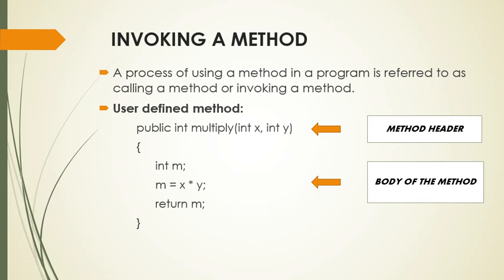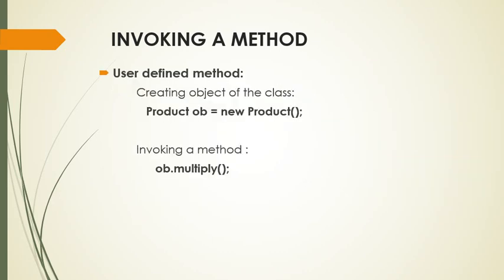So whenever we are going to invoke this method, the first thing that we have to remember is that we have to create an object of the class, since it's a non-static method, not a static method.